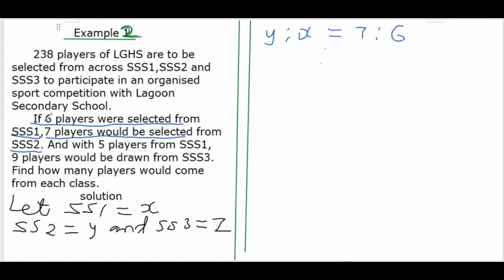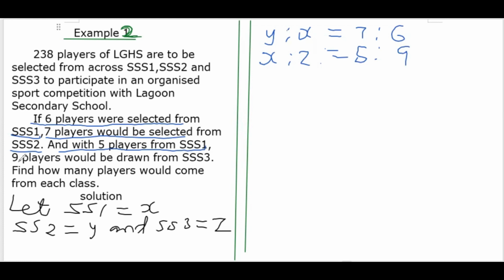And the second one, if 5 students came from SS1, then 9 will come from SS3. That is X ratio Z equals 5 ratio 9.